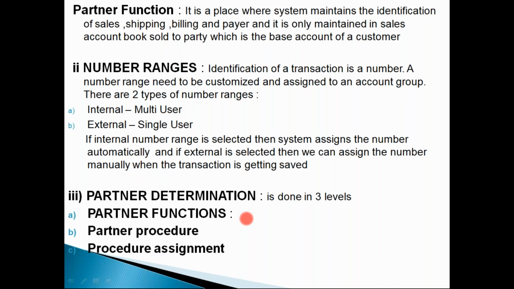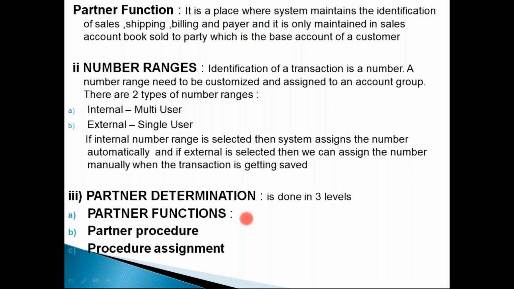Remember in SAP, when you see something reflectable, it should be determined automatically. So partner determination is all about making the system recognize that a sold party has a shipped party, a billed party, and a payer.